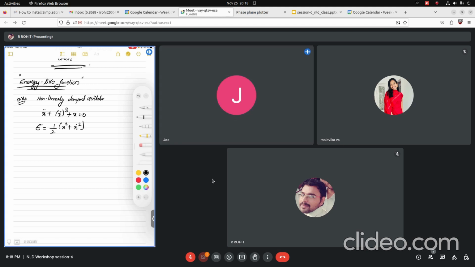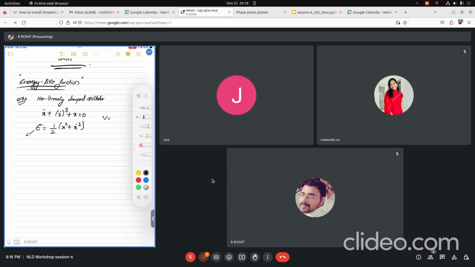So this energy function we know: the kinetic energy is half m v squared, which is half x dot squared, and the potential energy is half x squared. So this is standard for every system.